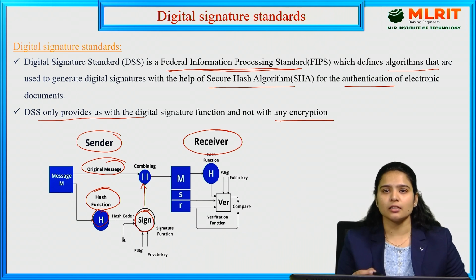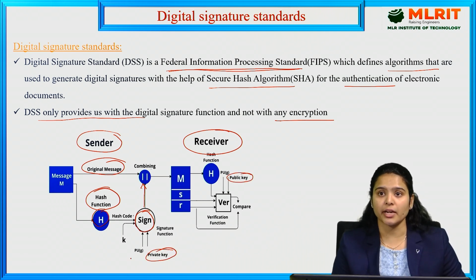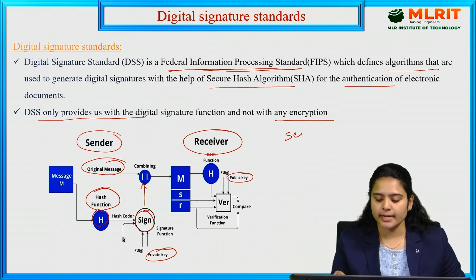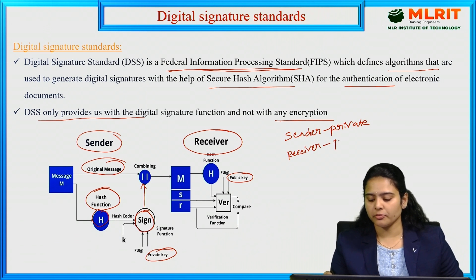Which is sent by the sender to the receiver. Basically this is the private key and this is the public key. We have already seen in the previous session encryption with the private key and decryption with the public key. So same here, the sender is for private and the receiver should be for public.